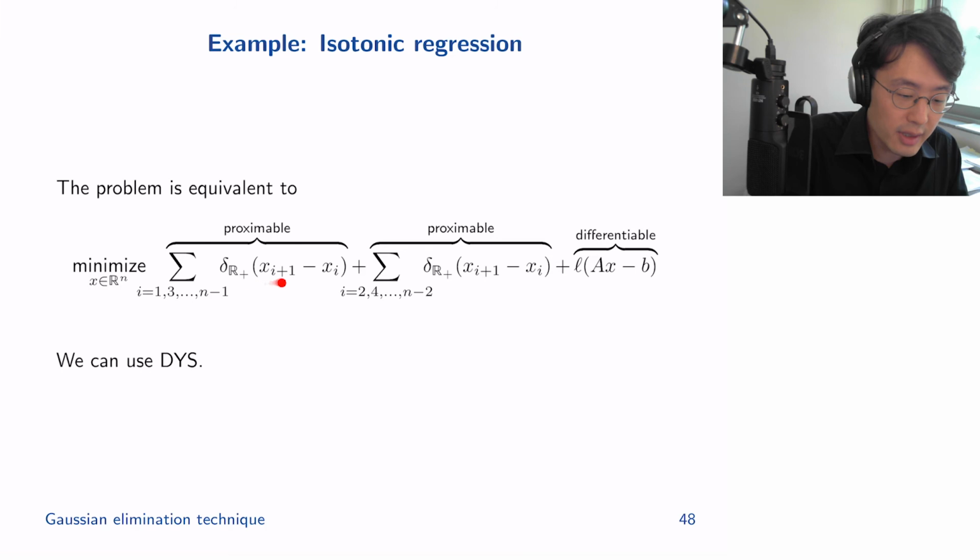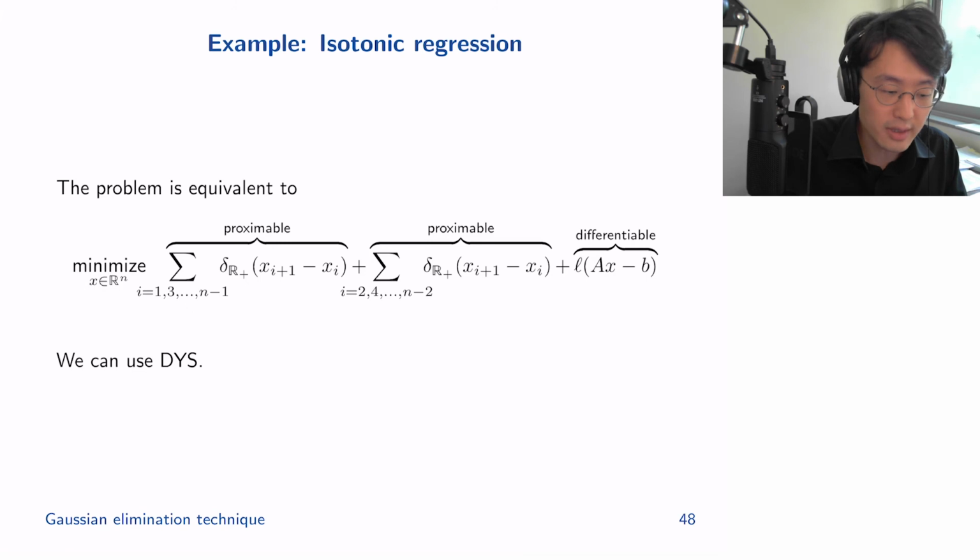But the reason we split the isotonic constraint in this way is because this is proximable and this is proximable separately. Why is that so? Well, the coordinates x1 and x2 appear here for i equals 1, and the coordinates x3 and x4 appear here with i equals 3. So if you look at all the terms involved in this summation, each x coordinate only enters one of the terms here. Now here, in the second one, the coordinates x2 and x3 enter when i is equal to 2, and the coordinates x4 and x5 enter when i is equal to 4.